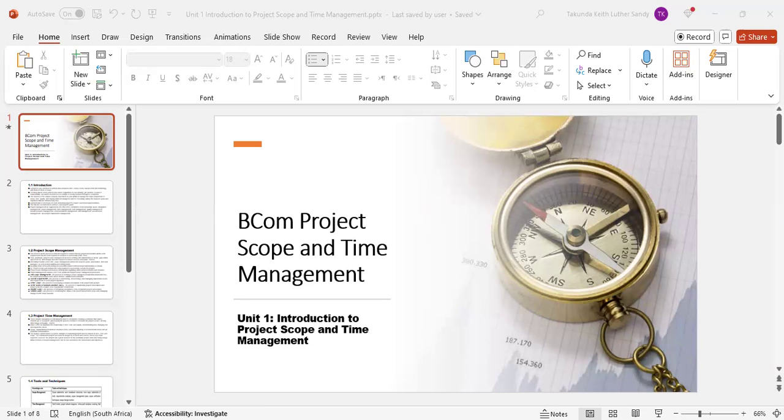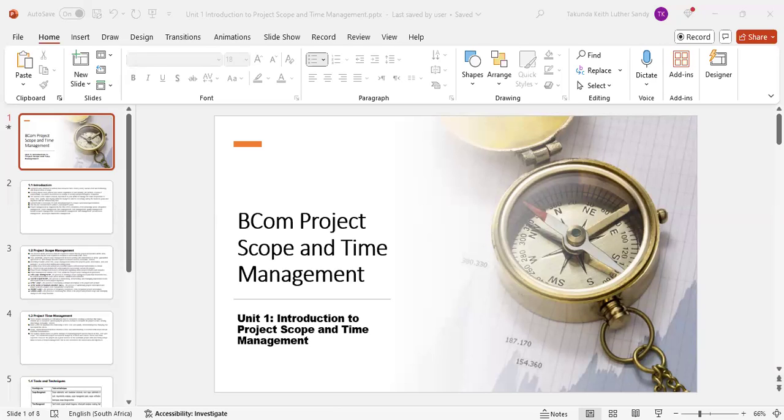The first one is the introductory part, where we look at what the project scope is. We also look at what time management is when it comes to projects. And from there, we look at the second unit, which is scope statement. All right, that is unit 2 from our module.